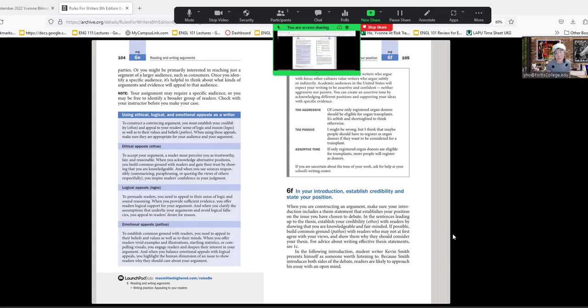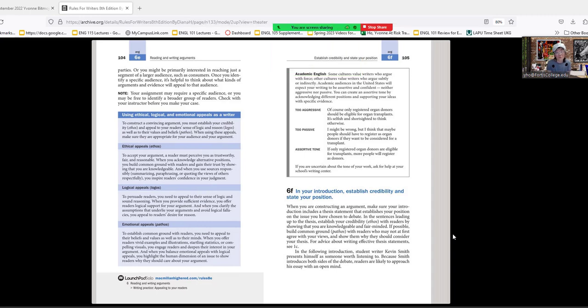So in the introduction of an argumentative essay, you always write your thesis statement. And so when you write your thesis statement, you have 3 parts: hook, 5 background sentences, and then your thesis. And so in the hook, that's the first sentence where you grab the reader's attention. Then in the 5 sentences before your thesis statement, the 5 background sentences, that's where you establish your ethos and your pathos.